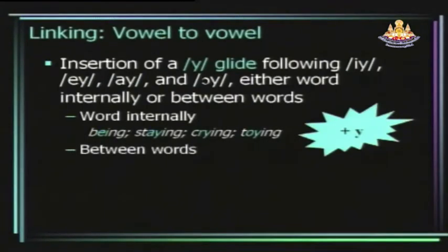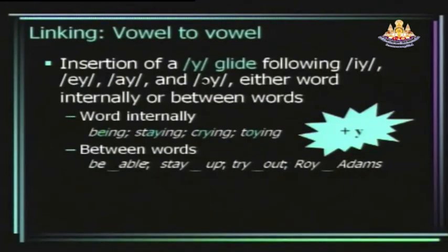Can you hear the y? Or between words, exactly the same, but here two different words linked with y: be able, stay up, try out, Roy Adams. So that's an example of linking with y between one word which ends with a front vowel sound and another word which begins with a vowel sound as well. We link with y.